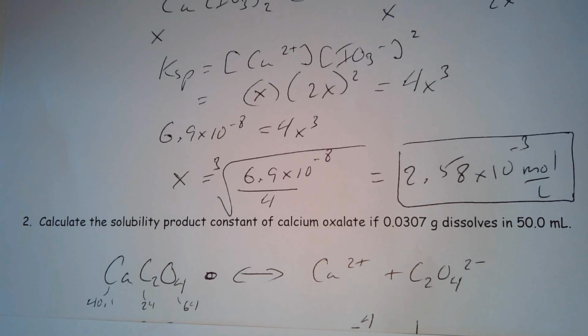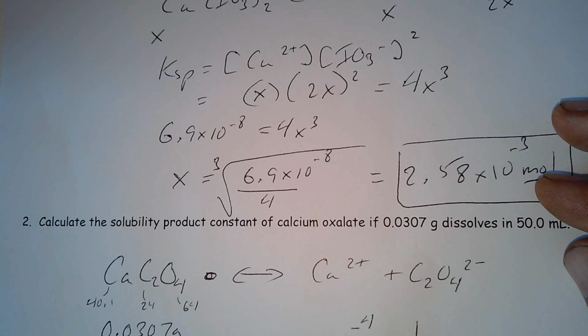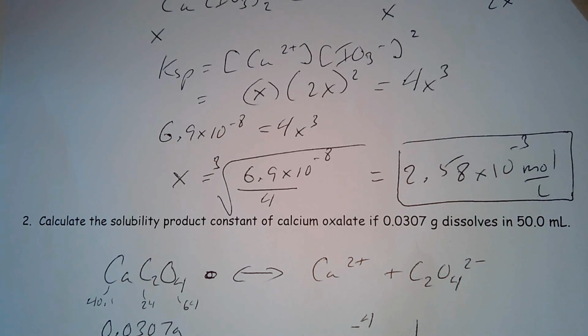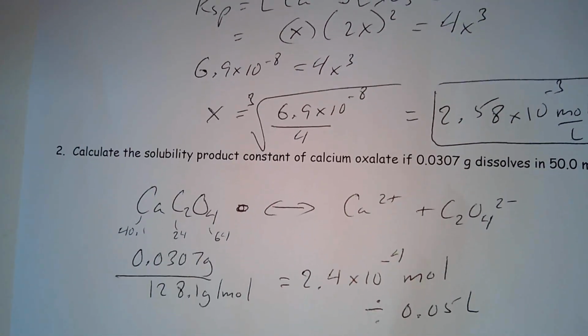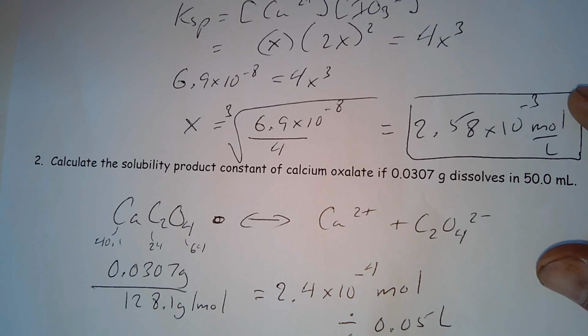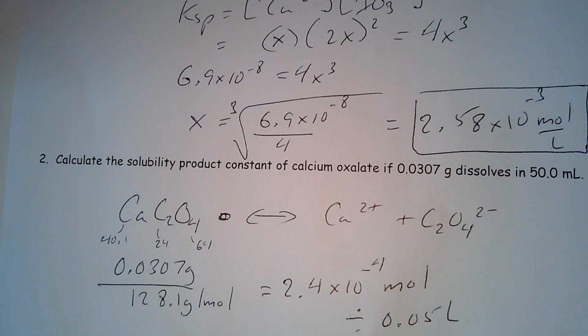There's 2 carbons, that's 24. There's 4 oxygens, that's 64. So your molar mass here is going to be 128.1 grams per mole. Divide that to get your moles, and then remember you've got to divide that by the volume, and it's in milliliters, so we've got to change that to liters.